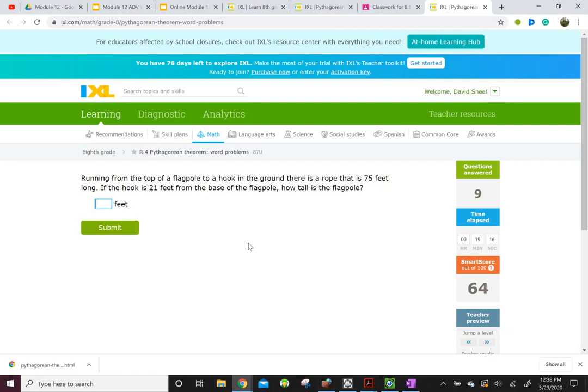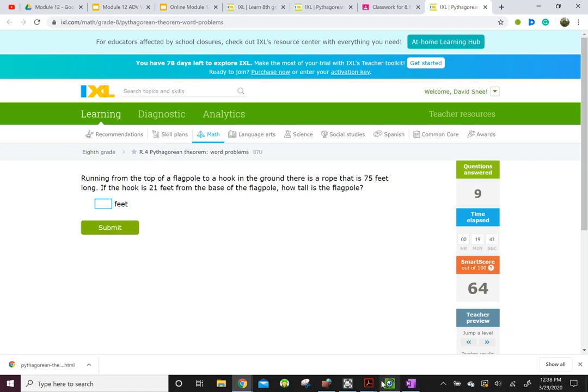If the hook is 21 feet from the base of the flagpole, how tall is the flagpole? B equals the flagpole. So I'm trying to find 21 squared plus b squared equals 75 squared.